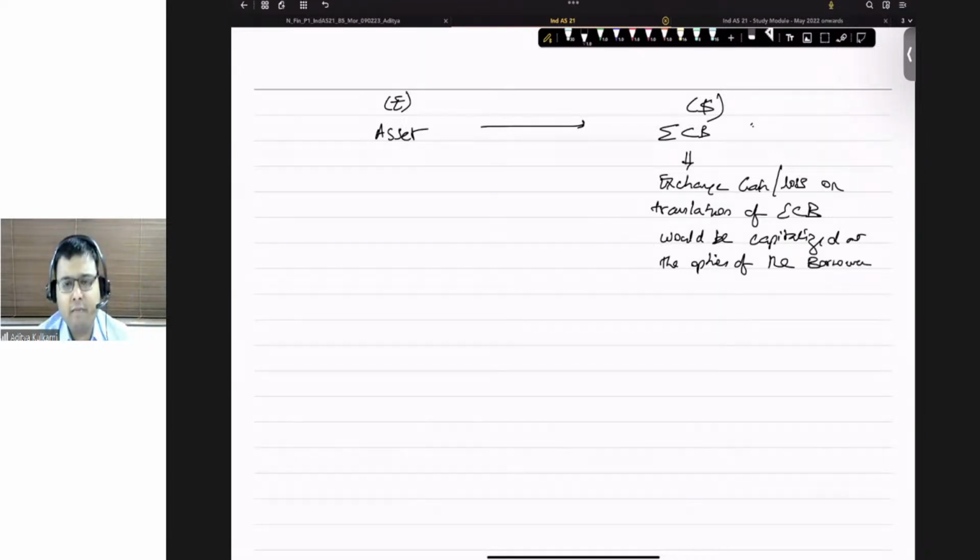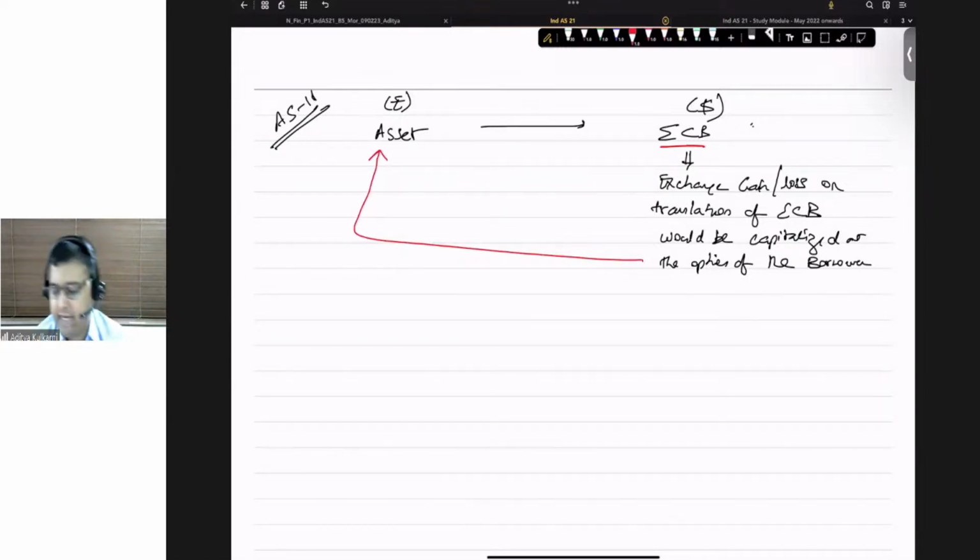आपको याद है, do you remember you used to do something like this in AS11? It was a one-time option that had to be taken, and once taken, all the exchange fluctuations on account of the external commercial borrowings would get capitalized into the cost of the asset. It was an option, not mandatory. Why did they come out with this?